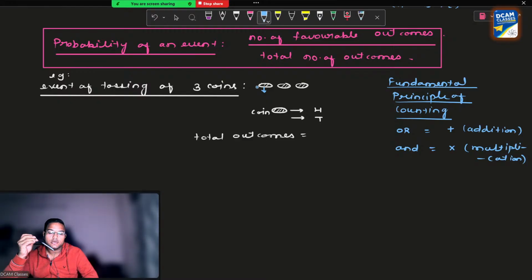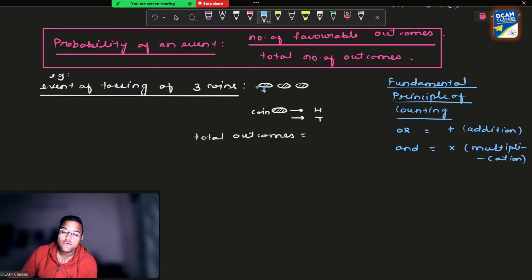The number of ways of choosing any one object out of n different objects is nC1.